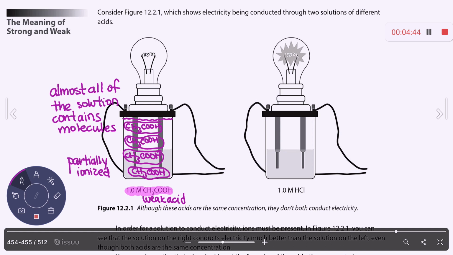And then you may have a hydrogen ion and the acetate ion infrequently. Now, if I'm looking at the light, will the light be bright or dim? Dim. Yeah, this will be a dim light.